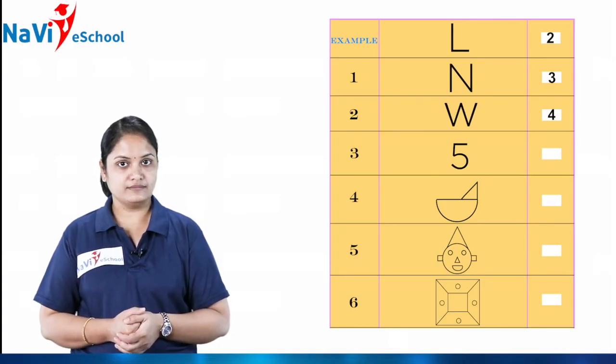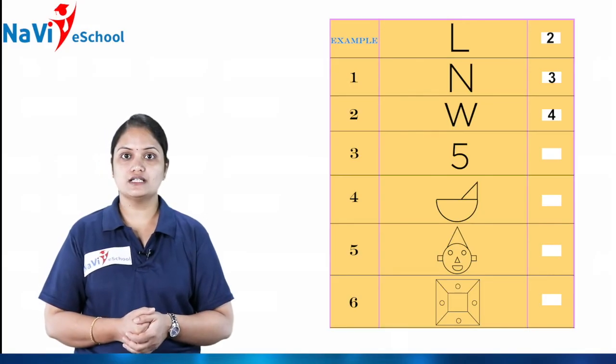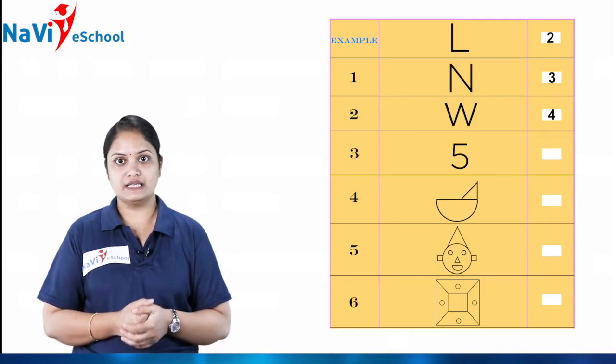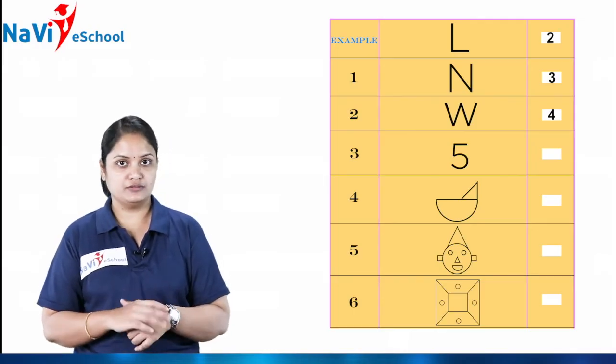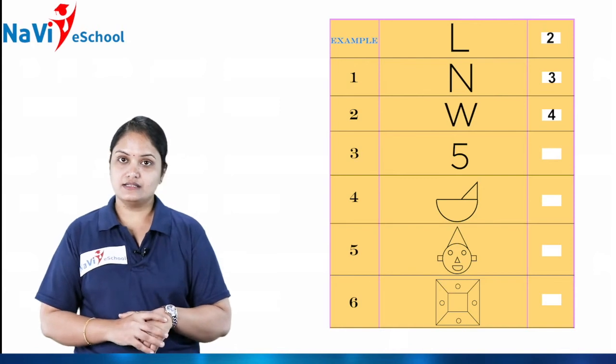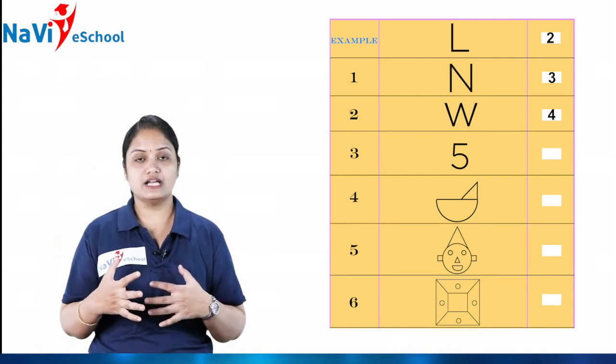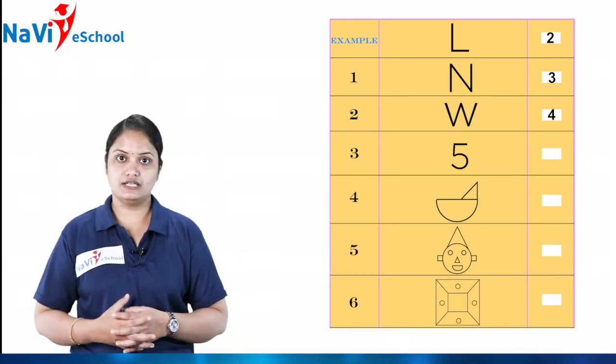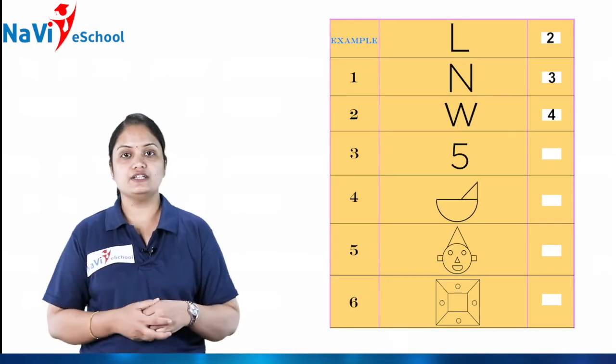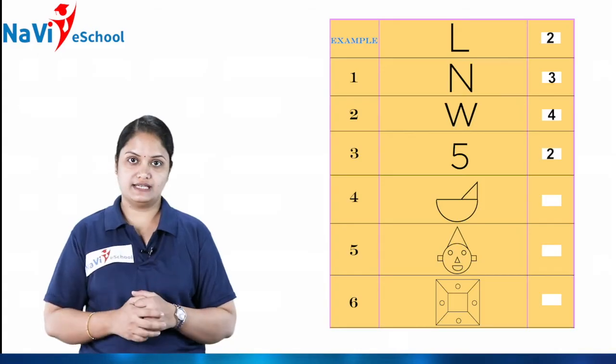Is it a straight line? No, it's a curved one, as I told you by taking a wire. I showed you, right? So like that, it is a curved one. Here I am asking you only about the straight lines. So in number 5 you have only 2 straight lines.